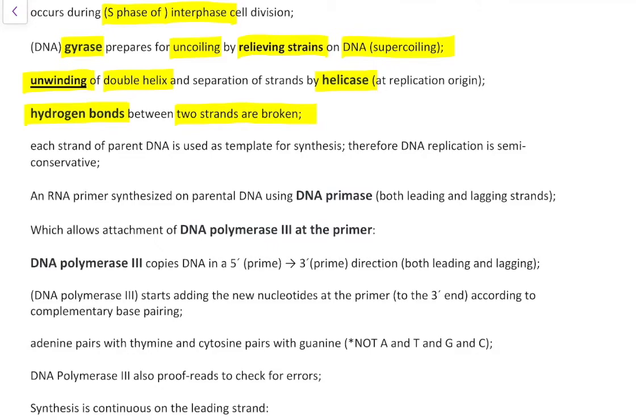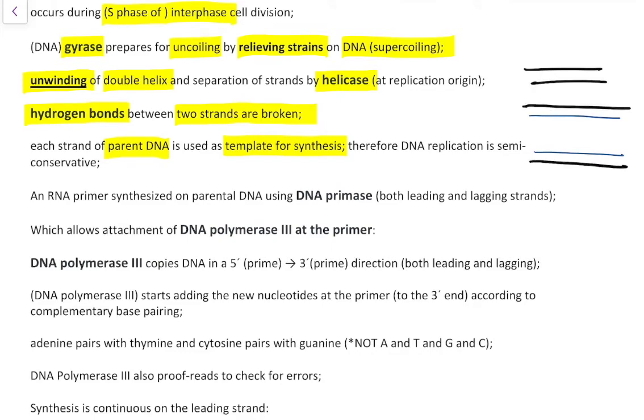Then each strand of the parent DNA is a template for making new DNA. We talked about the idea that if we've got 2 parental strands and we add in a new strand for each, then in the end we get 1 strand which was the original parental and 1 strand which was new.